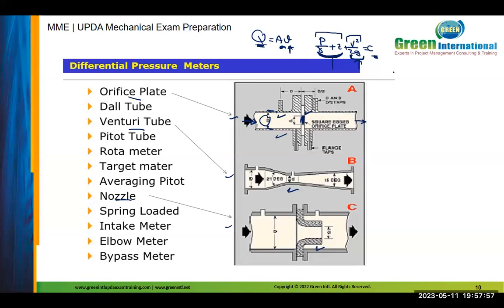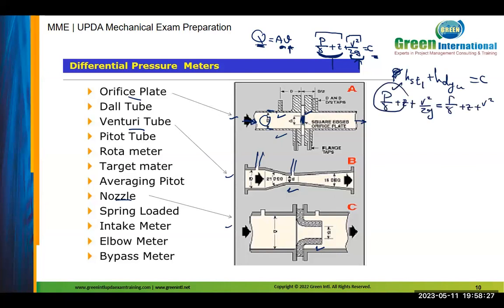For the first case you can set P over gamma plus Z plus V squared over 2g, and you can read this from the figure or the experiment. It should equal P over gamma plus Z plus V squared over 2g for the second case, which is the reading from the second case. So this is case 1, this is case 2, and so on for the third.